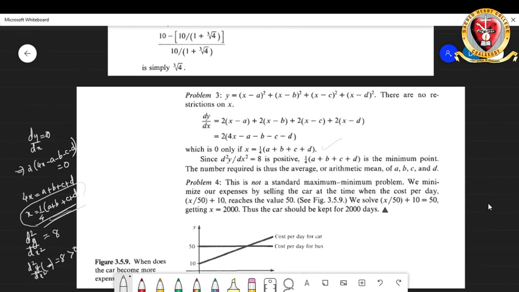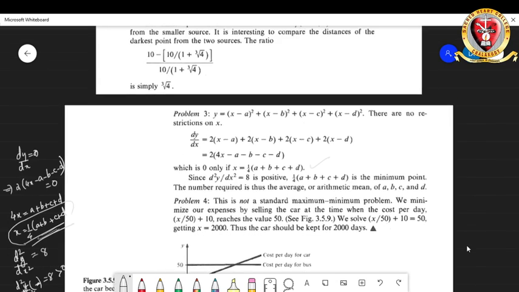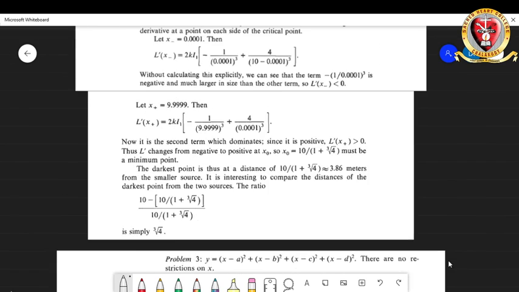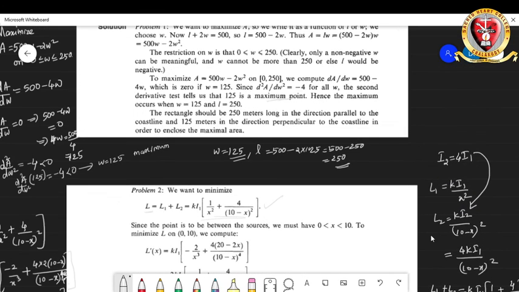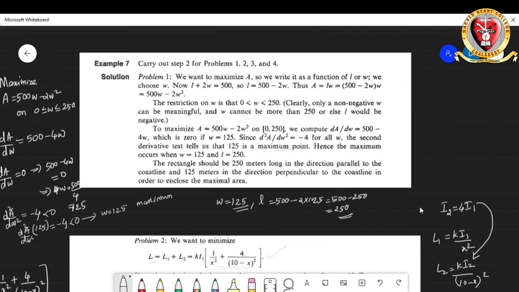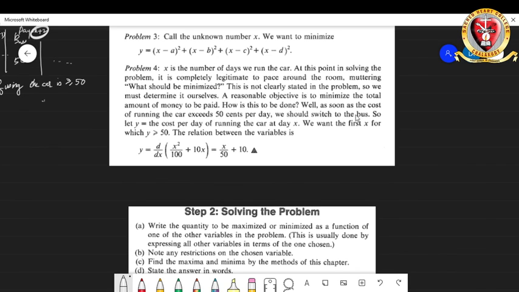Now problem 4, we know about the car, right? That was a problem, and we understood that. How did we solve it? We had the car, and we said that we have to minimize the amount we have to pay.